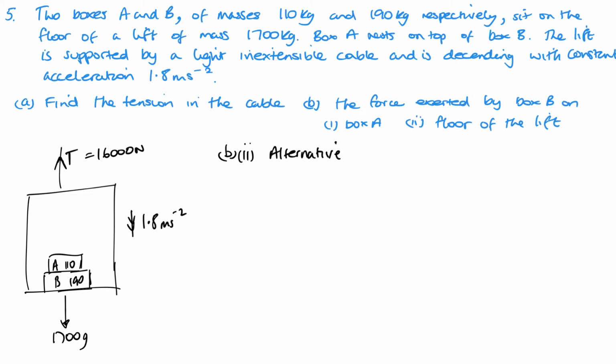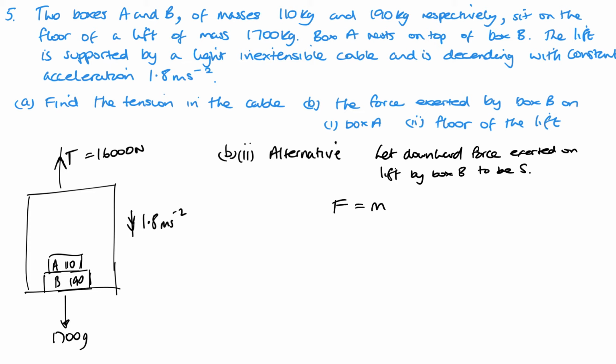Alternatively, you could consider the force of B acting down on the lift, and give that a letter. So that would be S maybe, up to you, it could be anything, but you just want to state it.